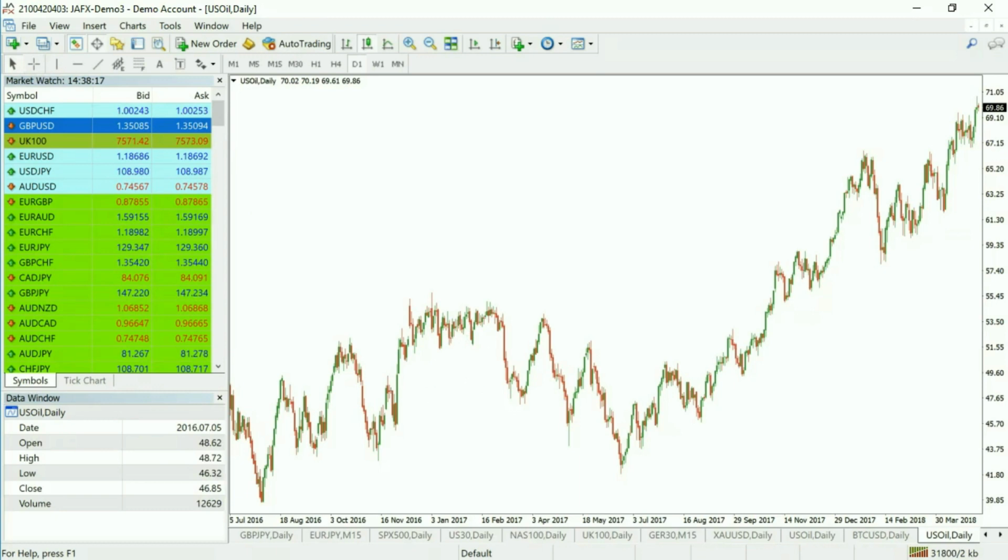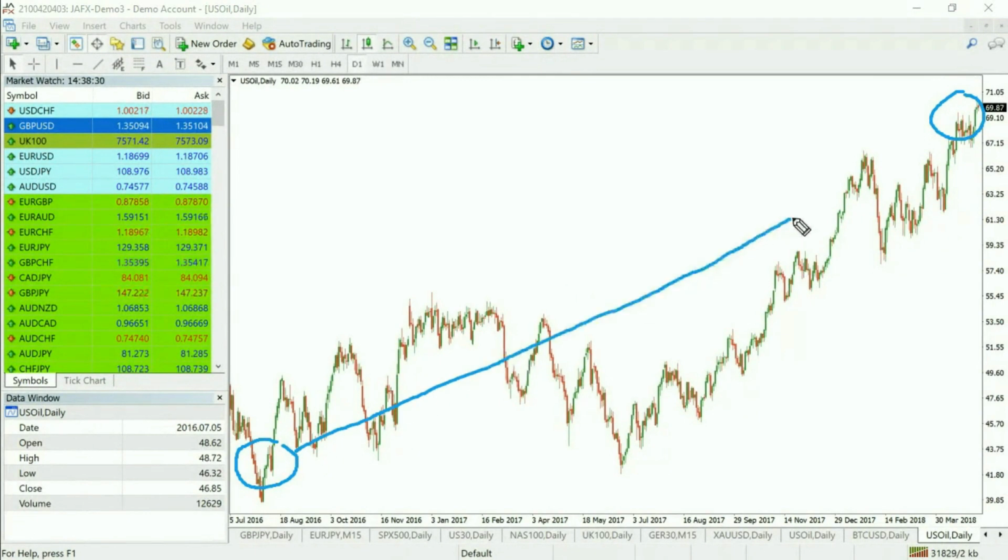So the first thing is to have a visual observation. Again, broadly, and it's very crude, we just identify that this chart is starting from bottom left, moving up to top right. So we are very much in a bull market, and that is purely a visual observation.